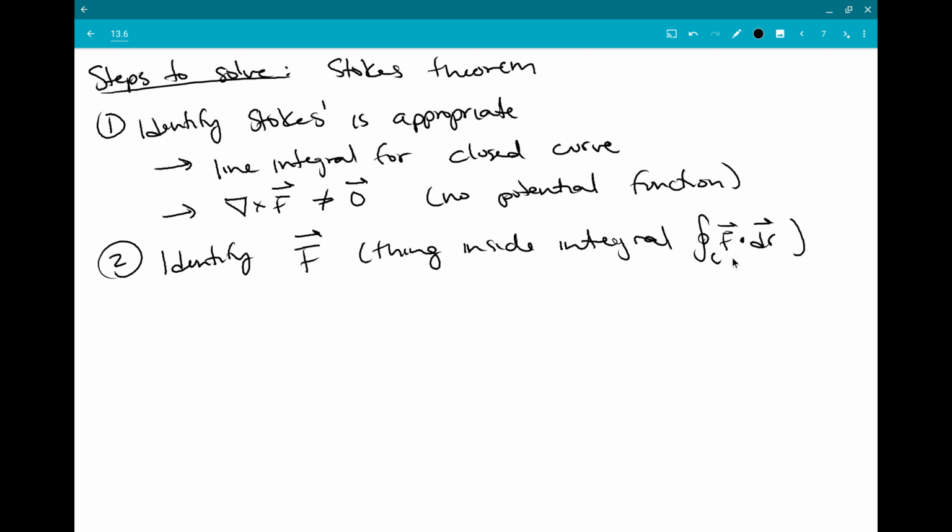Sometimes it won't look like a vector and you have to pick it out the way that we did in our example. And the reason you have to identify that f is because you're going to have to compute the curl of that vector field. These steps you can really do in any order you want. That's usually an easy thing that if you expect to get lost in the rest of it, doing this early on will at least get you partial credit.